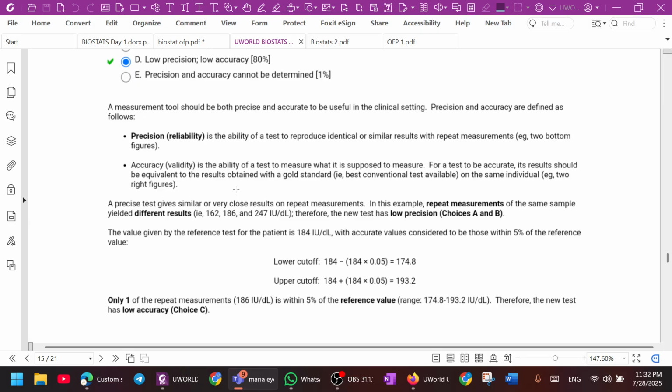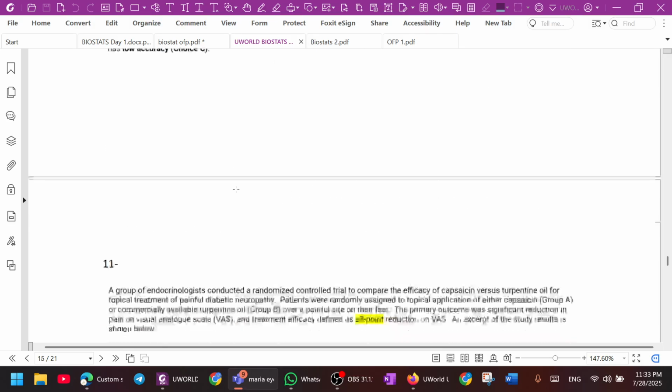Lower cutoff: 184 minus 184 times 0.05 is 174. Upper cutoff: 184 plus 184 times 0.05 is 193. Only one repeat measurement, 186, is within 5% of the reference value. Therefore, the new test has low accuracy.